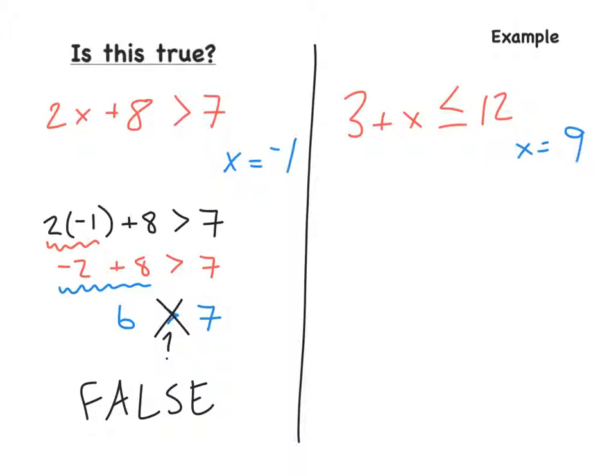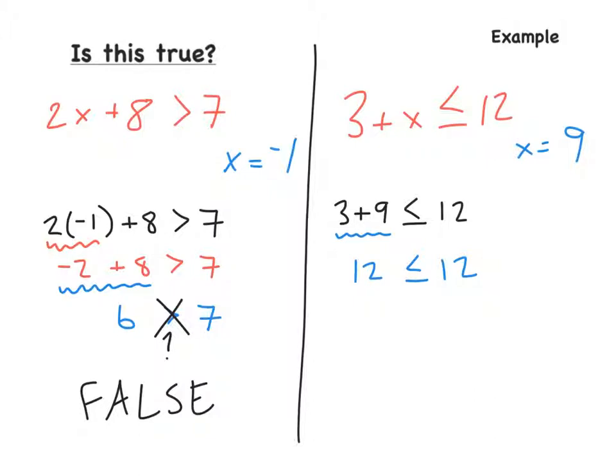Okay, now we have 3 plus x is less than or equal to 12. We need to figure out if you substitute 9 in for x. So let's rewrite the equation and substitute it in. 3 plus 9 is less than or equal to 12. Solve the left: 3 plus 9 is 12.